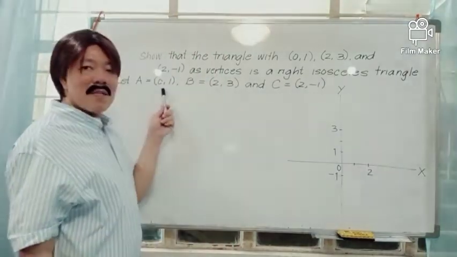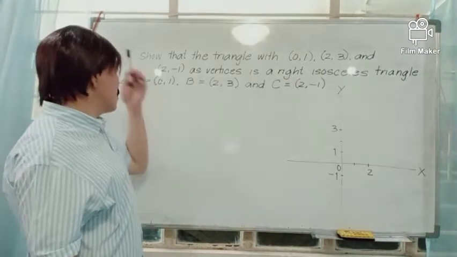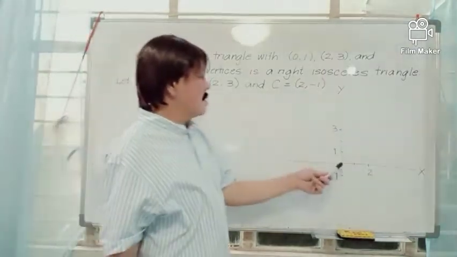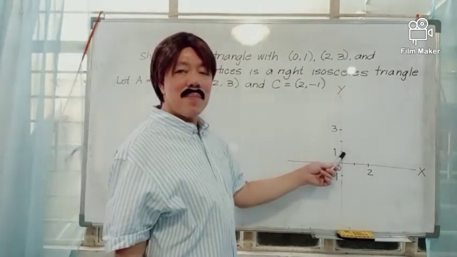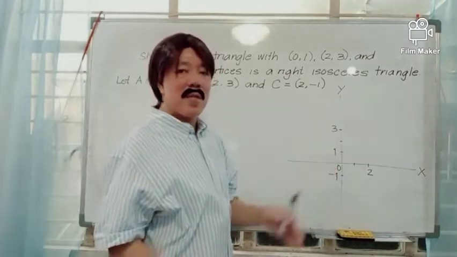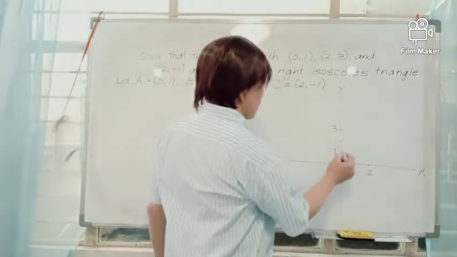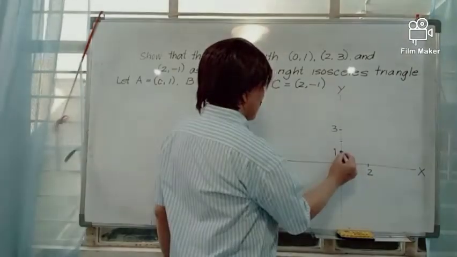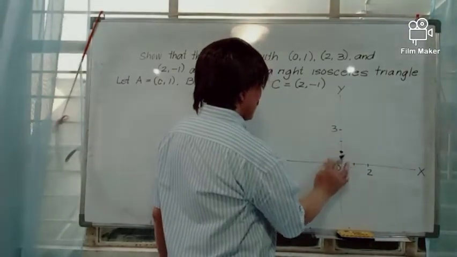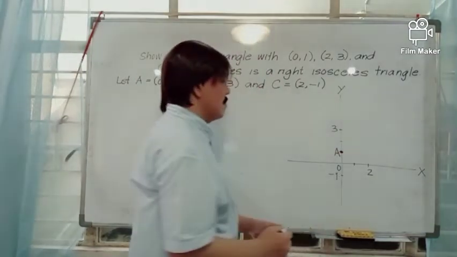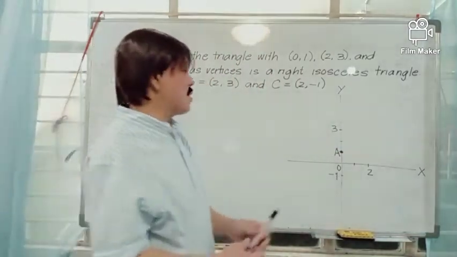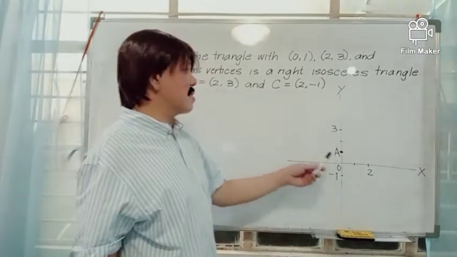The first vertex has coordinates 0, 1. The abscissa is 0 and the ordinate is 1. So the point A is a point on the vertical axis. This is point A. Point A is 1 unit from the horizontal axis.